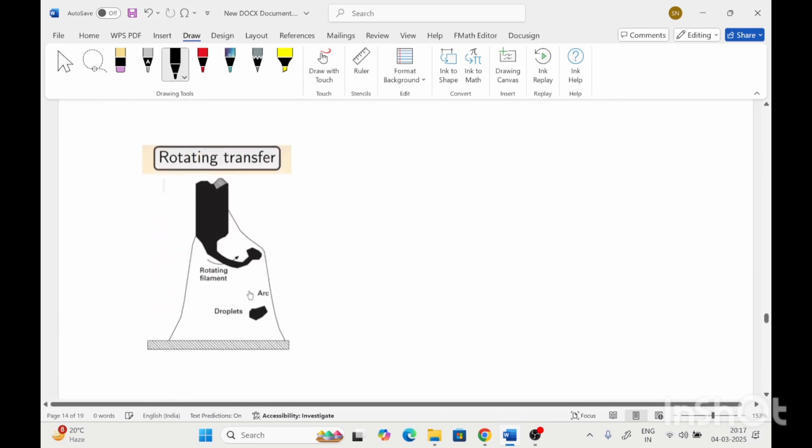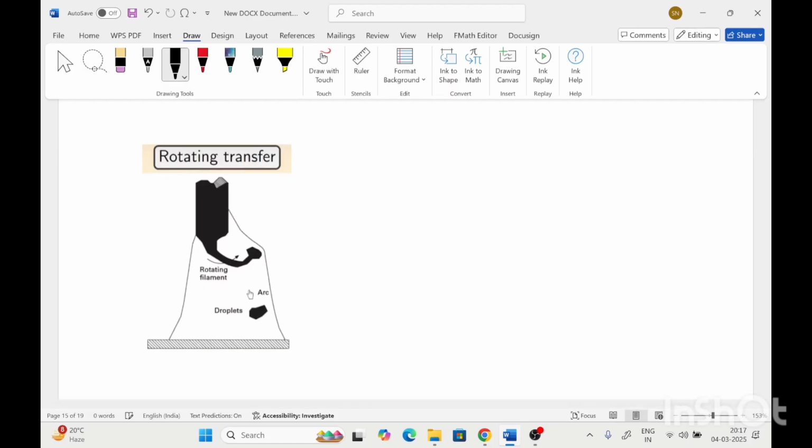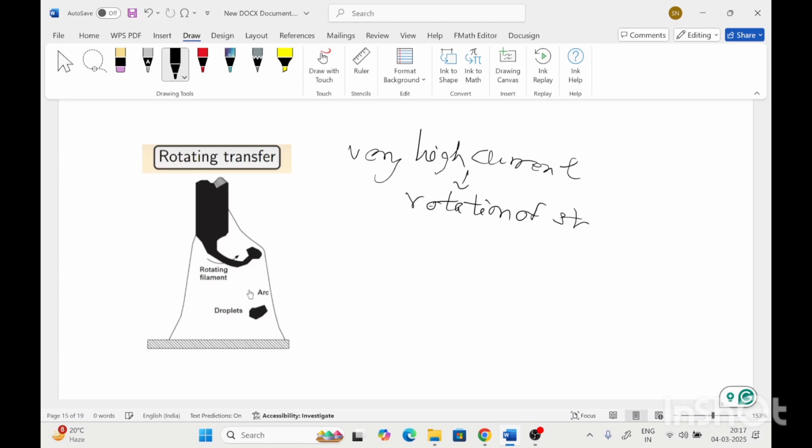Next is the rotating transfer, means the molten droplet is rotated with the electromagnetic forces in the arc. So this happens at a very high current. So very high current leads to rotation of streaming droplets.